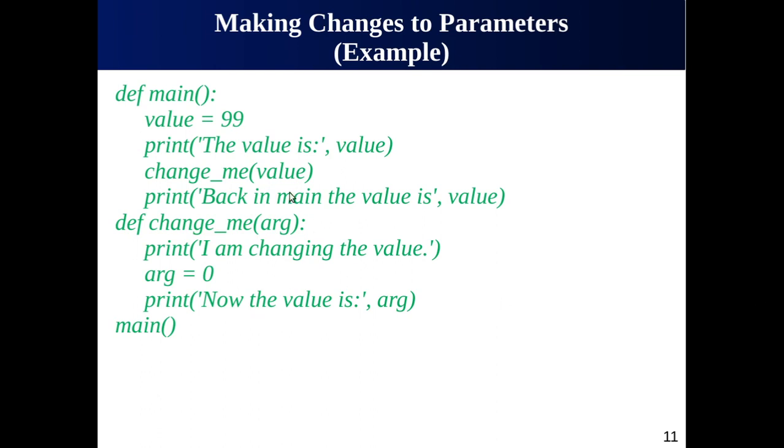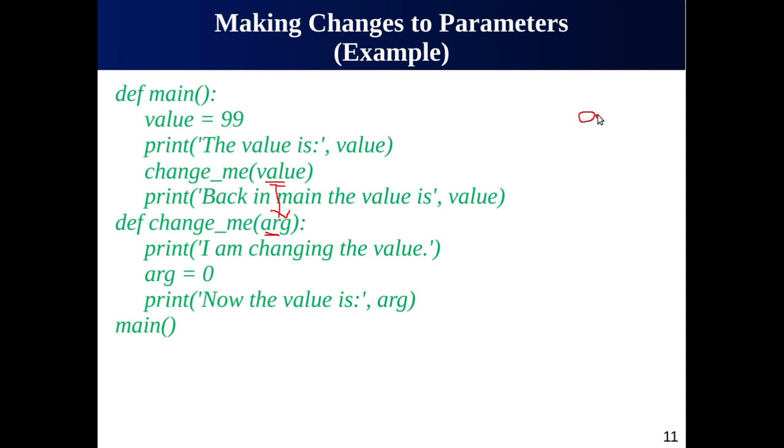When an argument is passed to a function, here we are passing this argument to this function, the function parameter variable, which is arg, will actually refer to this value.